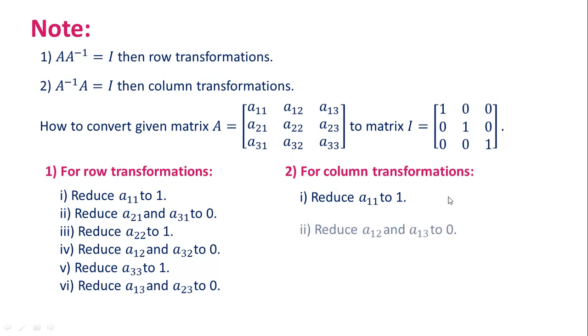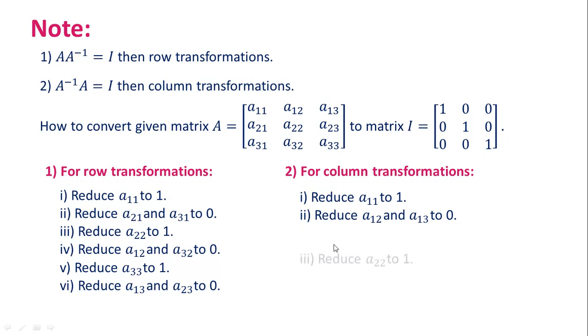But the second step will be to reduce A12 and A13 to 0. So after getting 1 here, you have to convert these two as 0. In case of row transformation, we have to convert these two as 0. See here, compare both the steps, both the cases.